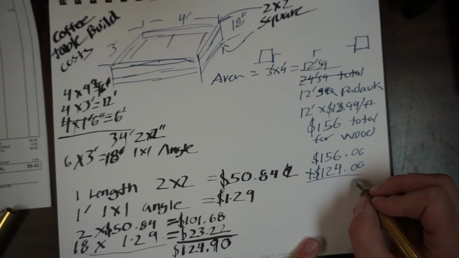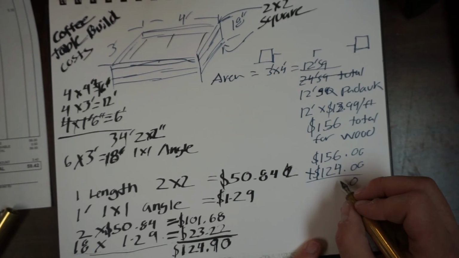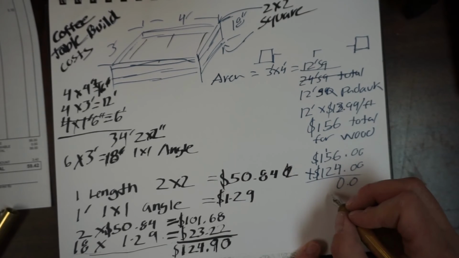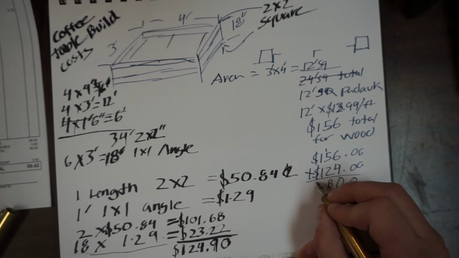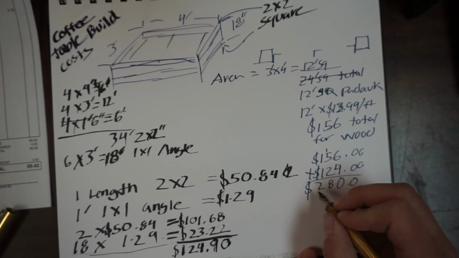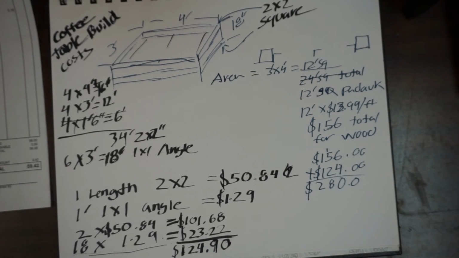We can round up at this point. Okay, that's $280. So if I were to build this, it would cost me $280 to build this coffee table that I've been thinking about doing. I may need to rethink things.